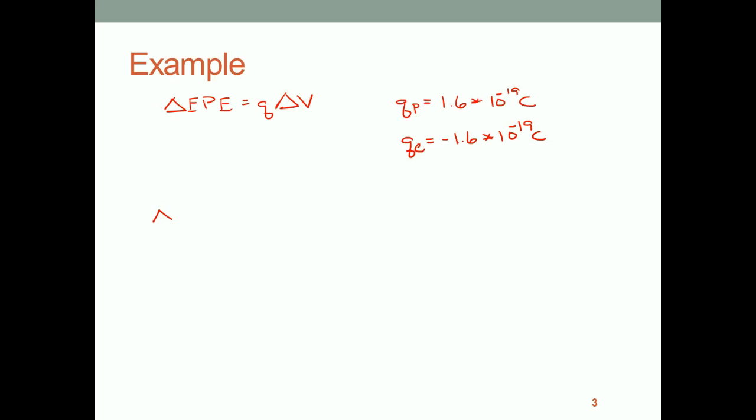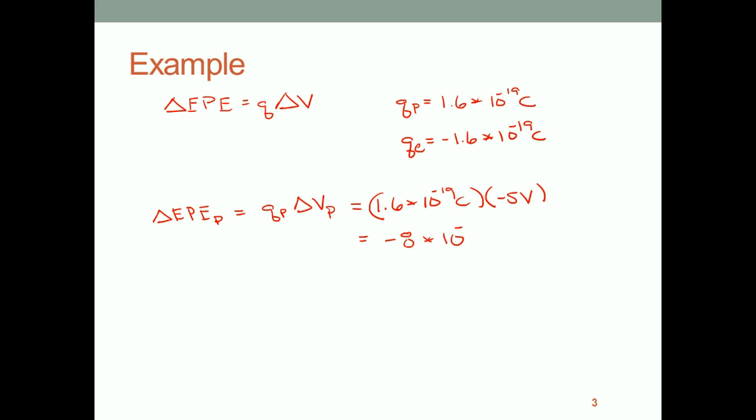So the change in electric potential energy for the proton will be the charge of the proton times the change in the potential of the proton, which is 1.6 times 10 to the minus 19 coulombs, multiplied by, for the proton it was a negative 5 volts, and when you put that into a calculator, you get negative 8 times 10 to the minus 19 joules.